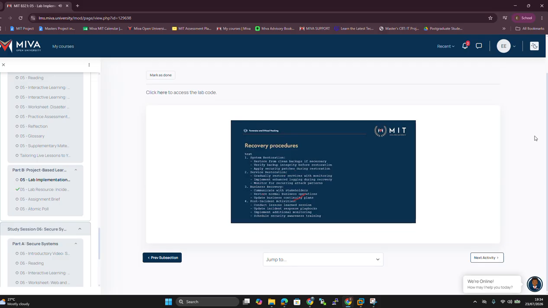And with service restoration, at this time you gradually restore services to their functional state. Then there should be a business recovery plan. At this time, you are communicating to your stakeholders what you've done and what happened, and of course you have to log it.